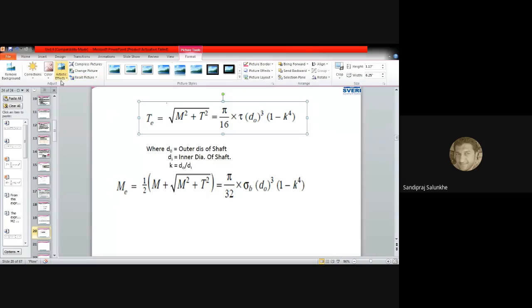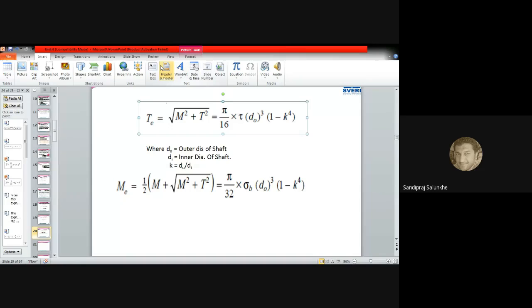The equation was wrong. Should be K raised to 3.